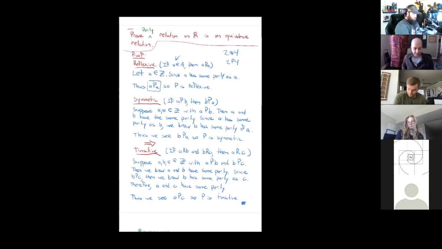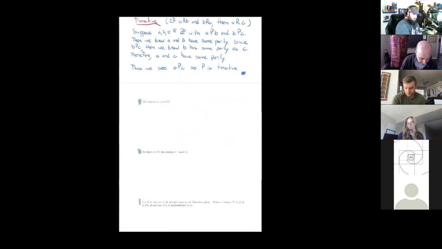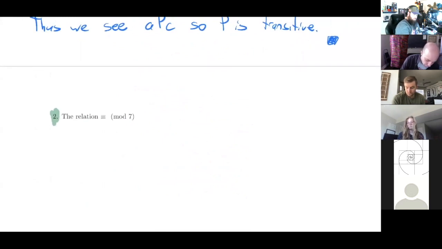So last time we were thinking a little bit informally about these relations, like what do they mean? What are some things that satisfy them and don't satisfy them? And now we want to particularly hone in on relations that do satisfy all of these, and how we can formally prove that. Okay, so let's take a look at this one over here.